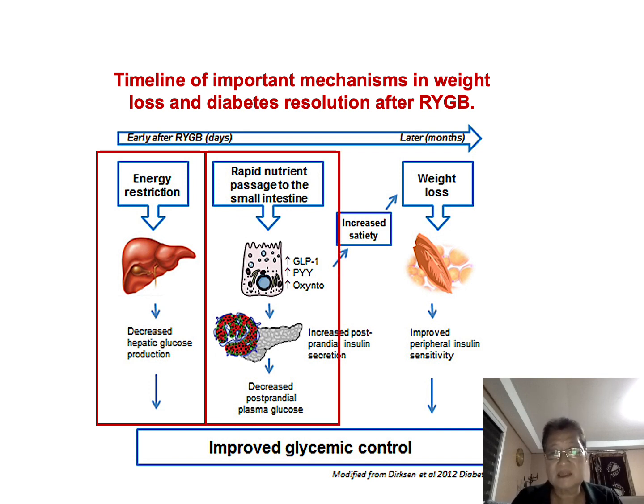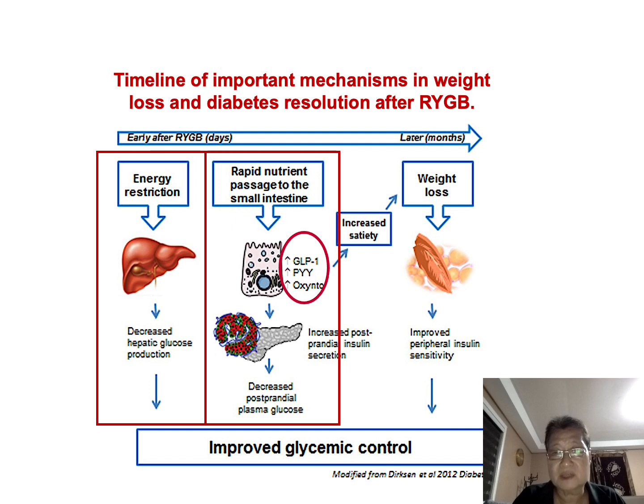The next is there is a rapid nutrient passage to the small intestine because there is very small gastric surface area, leading to increase in secretion of gut hormones, such as GLP-1 as I mentioned, PYY and oxyntomodulin.